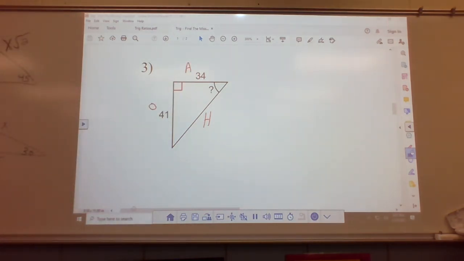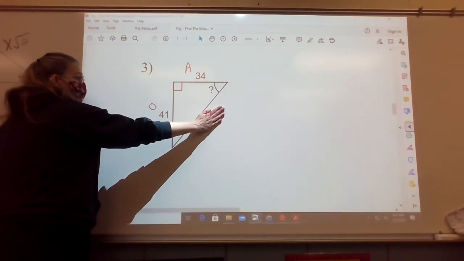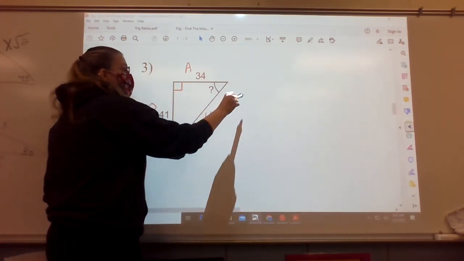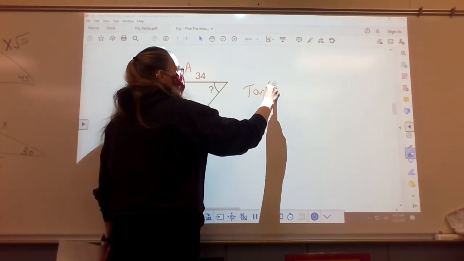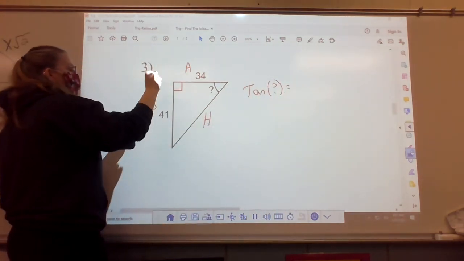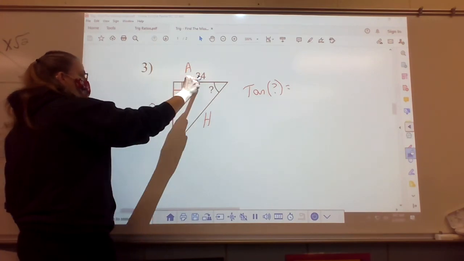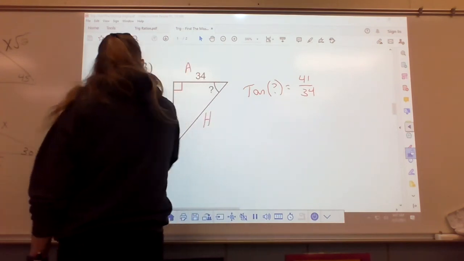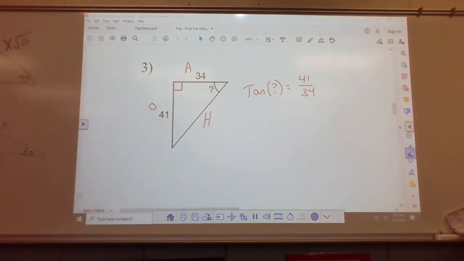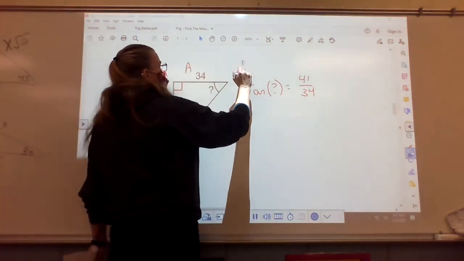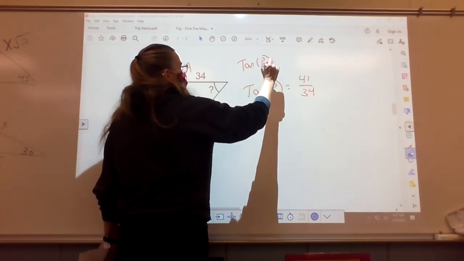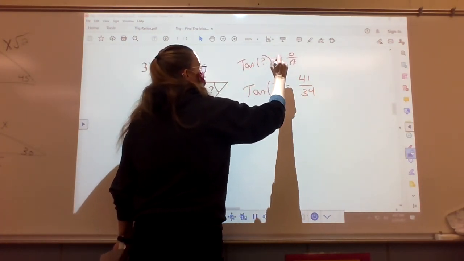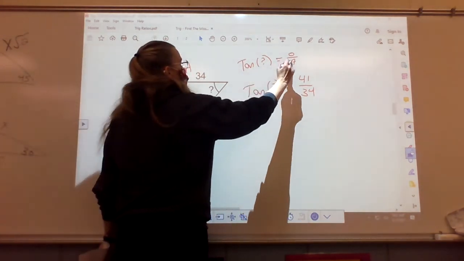So which trig function am I using this time? Tan, because I can't use an H, because there's nothing on H. So tan of question mark equals opposite over adjacent, 41 over 34. If you need to keep track, O over A, 41 over 34.